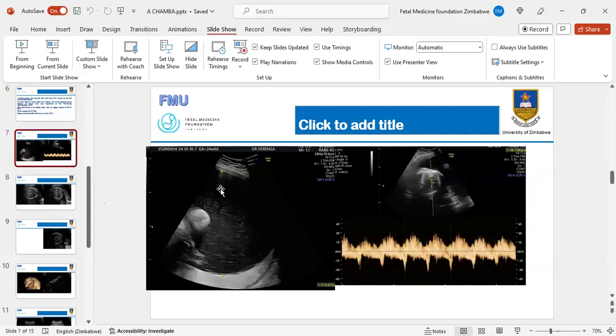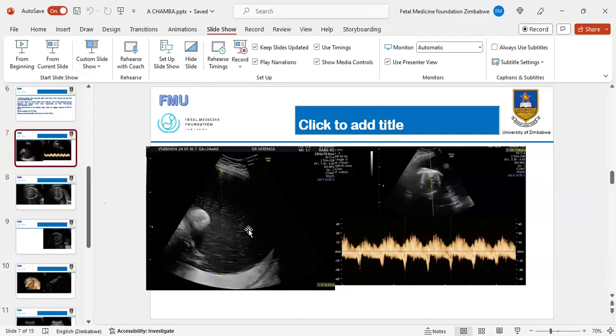Okay, so the first one here, you can see it shows the deepest pool that was measured. In this image, it was around 154.1 millimeters, which is classified under moderate polyhydramnios.